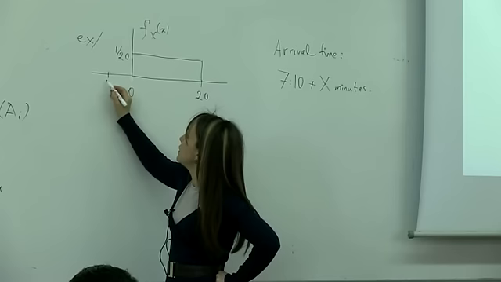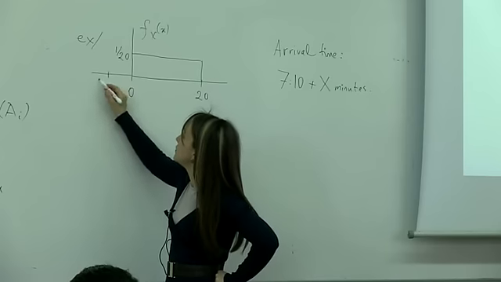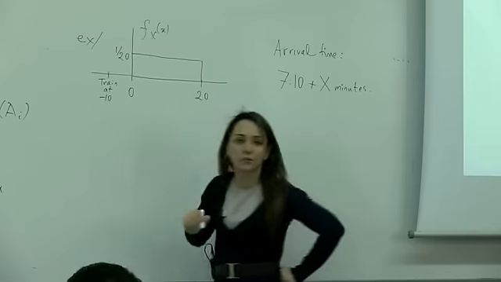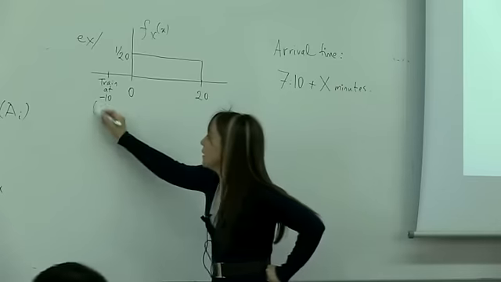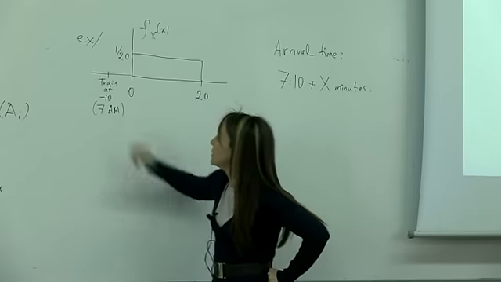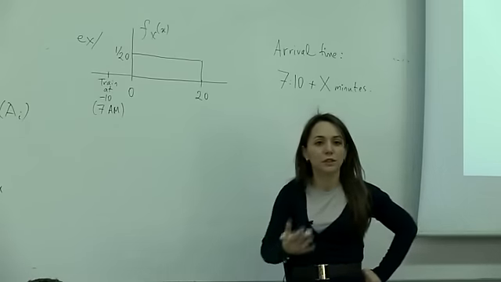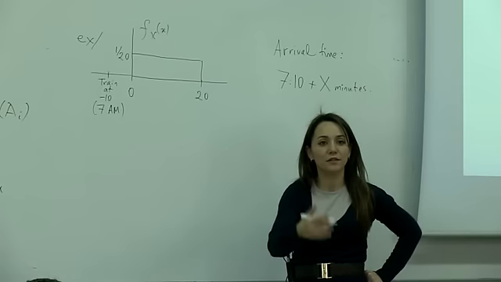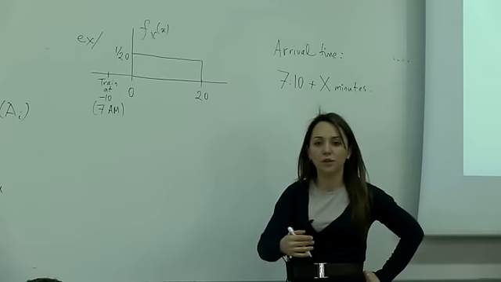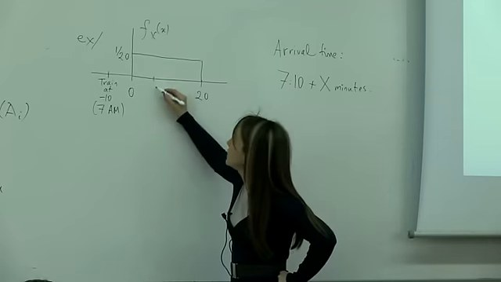Okay? Here there's a train at minus 10, if you want. It's the 7 a.m. train. And there's a train 15 minutes after 7, which corresponds to here, 5.